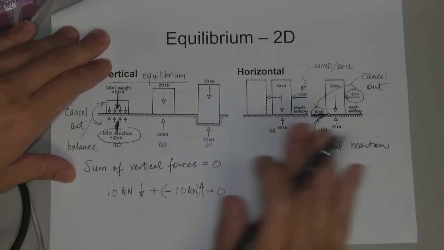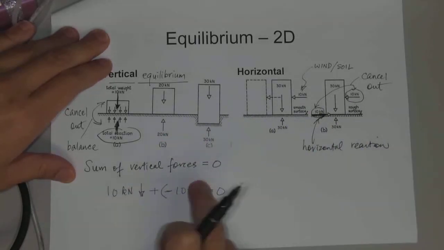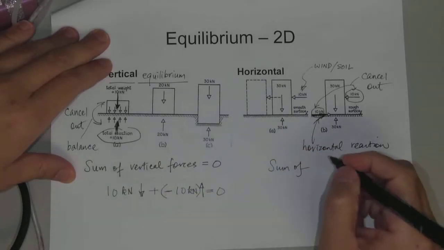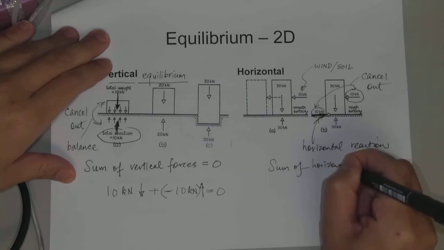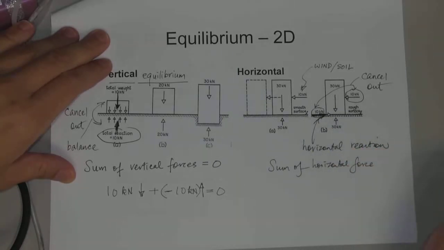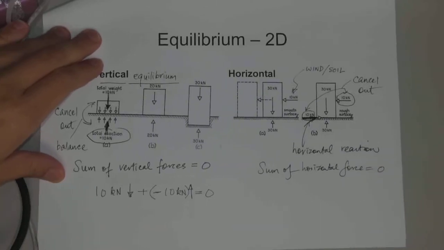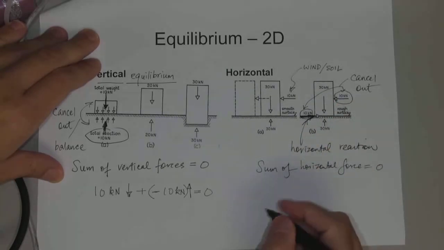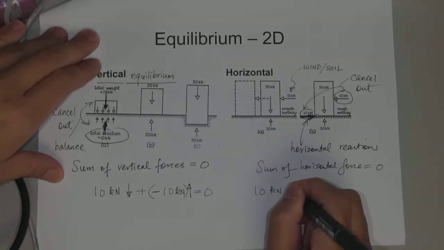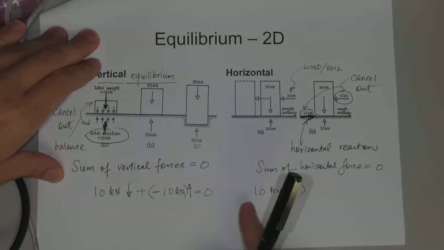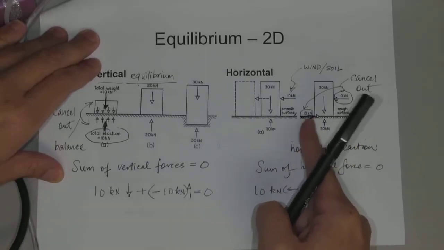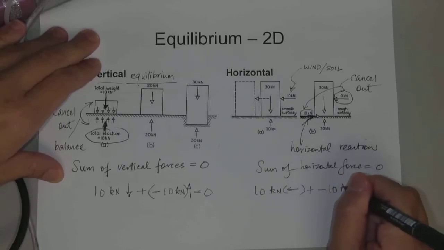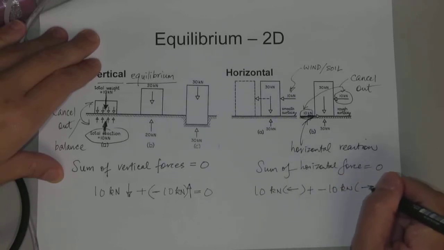So in the horizontal direction, you can write exactly the same sentence and only change the word vertical to horizontal. In this case, let's say this 10 here, this loading to the left, is positive, then the push to the right must be negative, negative 10 to the right.